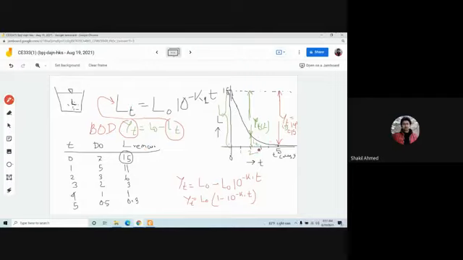Okay. Now, if you take this value Yt at 2 days, it will be BOD 2 or Yt 2. If you take this value at 5 days, it will be BOD 5 or Yt 5.